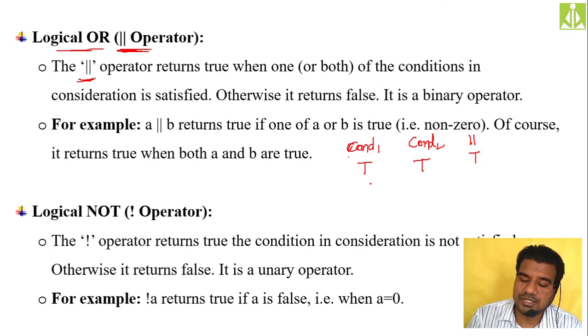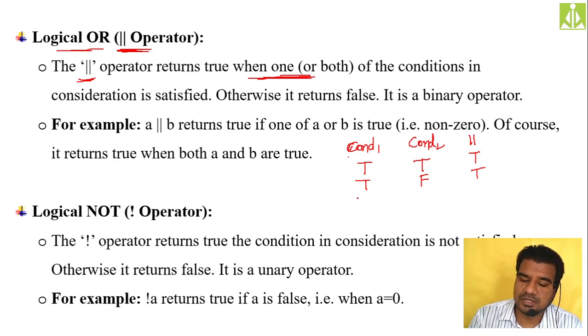If condition 1 is true and condition 2 is false, then it will return true only. Here we are saying any one or both. When any one of the conditions or both of the conditions are true, then the OR operator will return true, otherwise it will return false.